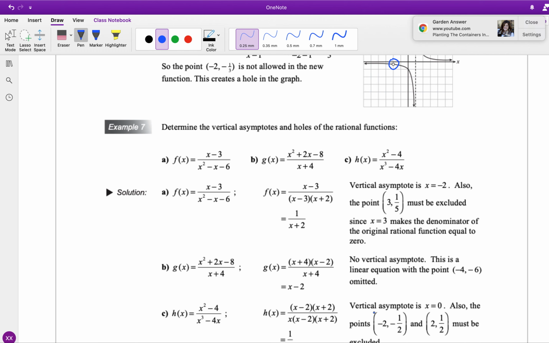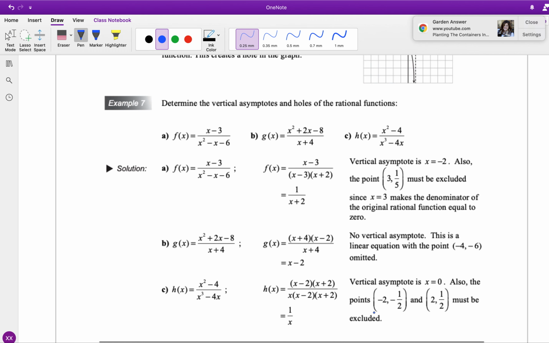Now, let's take a look at the different functions here. So note that whenever you see a rational function, you want to see whether or not the function can be reduced, which means whether or not you can factor the denominator and see whether or not you can cancel with the top.